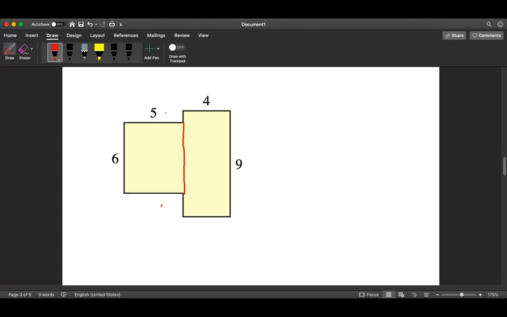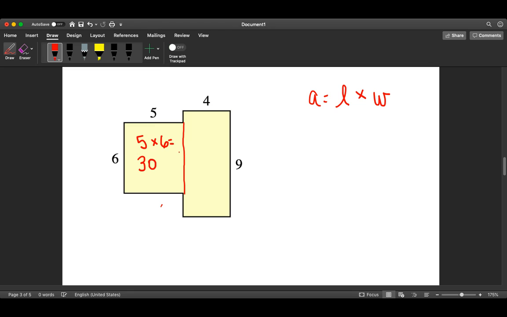I'm going to think about this rectangle, and to find the area, remember, area equals length times width, and that should be familiar because we've talked about that quite a bit. When I'm finding the area of this first rectangle, I'm going to use 5 times 6, length times width. So I have 5 times 6 or 6 times 5, either way, and I would get that this is 30.